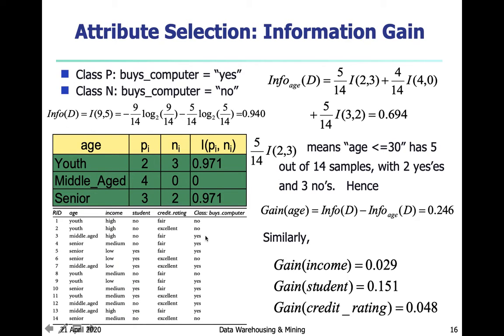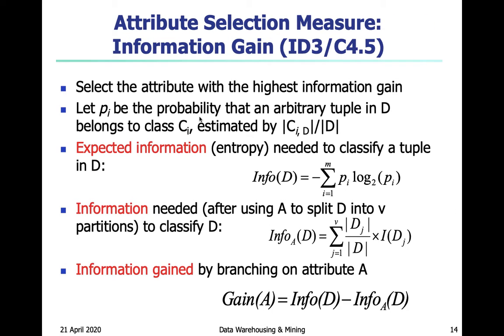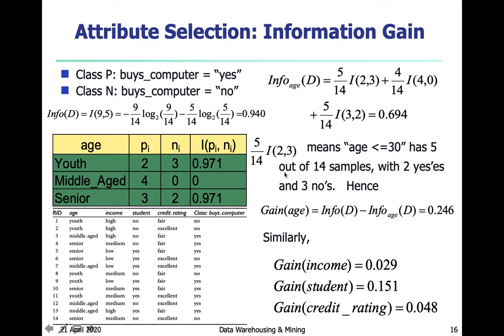There are five no. So this is minus 5 by 14 log 5 by 14 according to the formula, and 9 yeses are there, so minus 9 by 14 log 9 by 14.